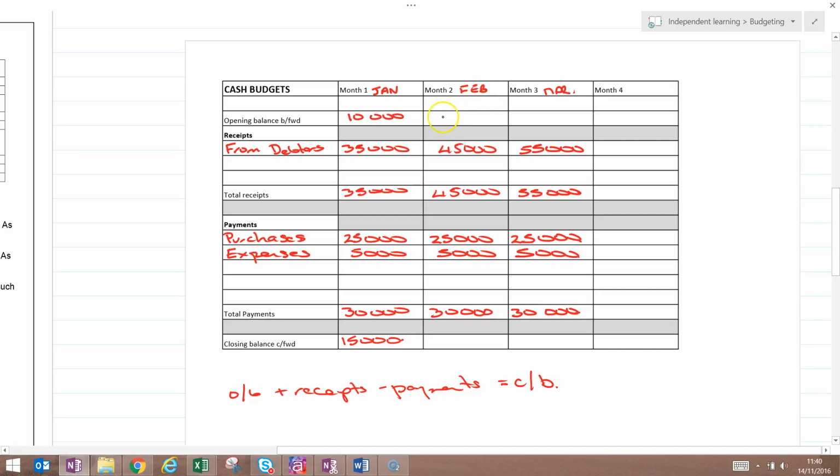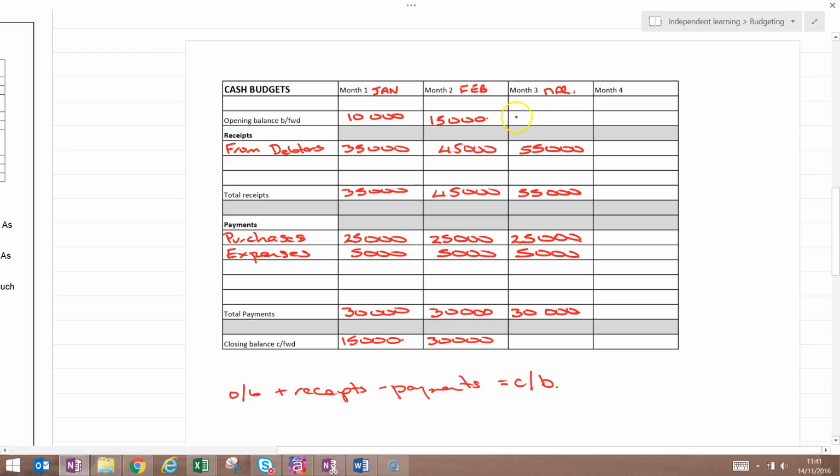Now if we've got 15,000 at the end of January, we must still have 15,000 at the beginning of February. So that becomes the opening balance for February. Add on the February receipts, gives us 60,000. Take off February payments, gives us 30,000. So we have £30,000 left at the end of February, means we must have £30,000 to start March.